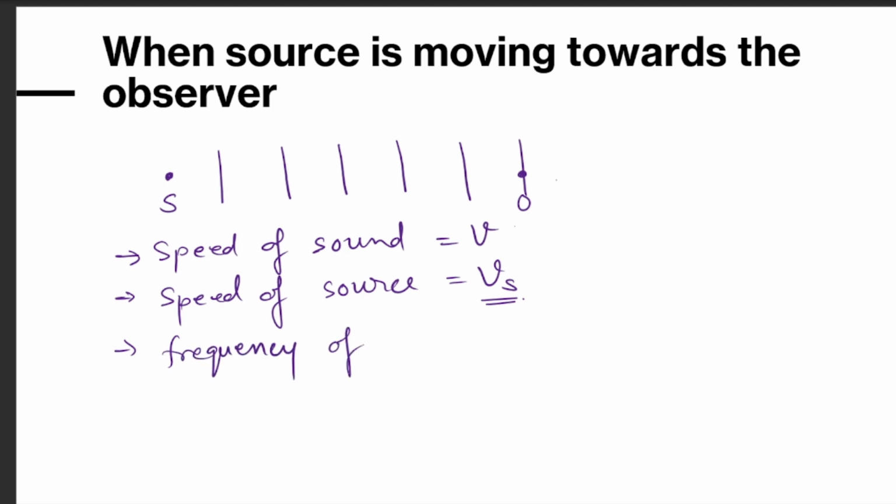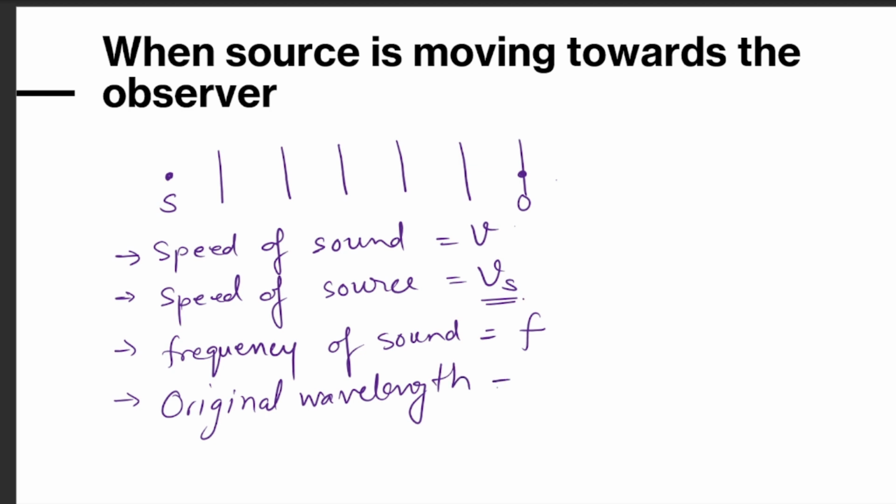The frequency of sound is f, and this frequency is emitted by the source. Original wavelength is lambda. So these are the things before the observer hears the changed frequency.